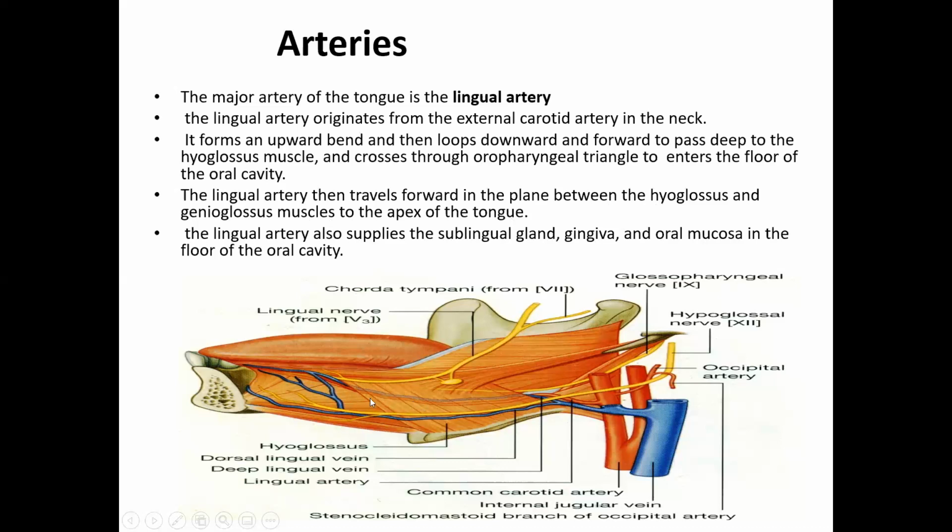So the lingual artery is divided into the dorsal lingual artery and the deep lingual artery. The dorsal lingual artery supplies the root of the tongue, while the deep lingual artery supplies the body of the tongue. The deep lingual arteries communicate with each other near the apex of the tongue on both sides, because we have the lingual artery on both sides.